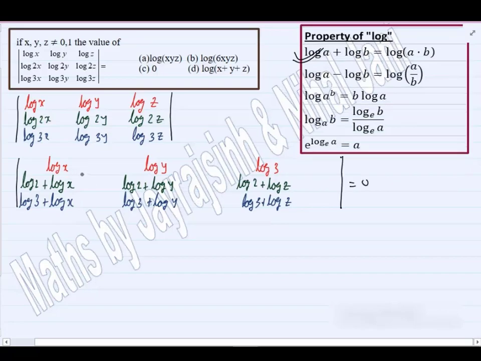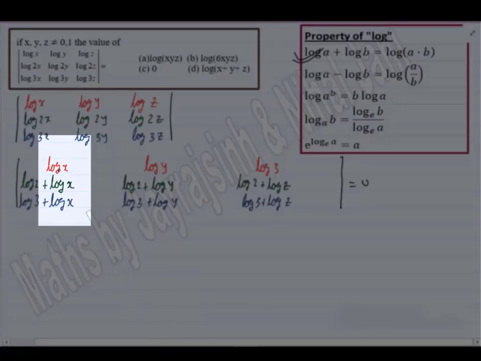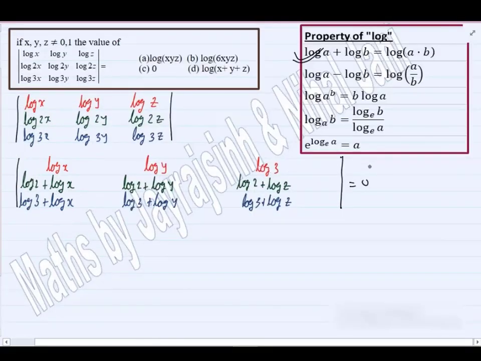Now we can further simplify this by taking log x minus from the second and third rows. So the preferable operation is R2 gives R2 minus R1. So here you have to multiply minus 1 to the first row and add into the second one.